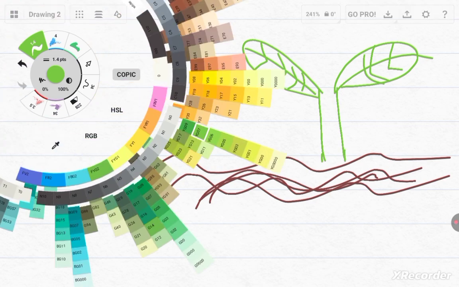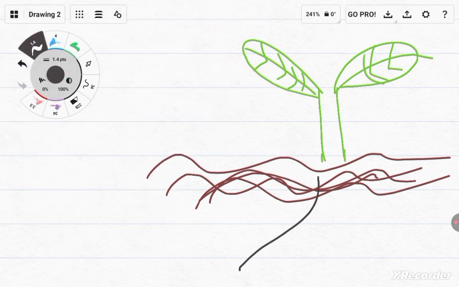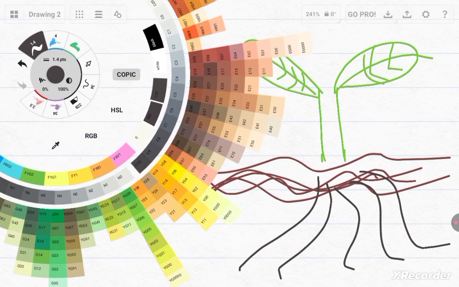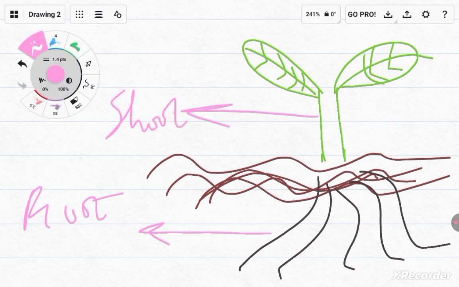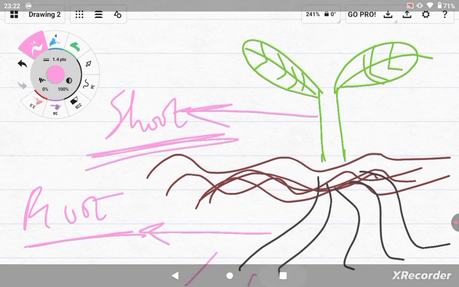The part of a plant that grows inside the soil is called the root. This part is called the root. While the part of a plant that grows above the soil, meaning up, is called the shoot. So the part of a plant that grows inside the soil is called root. The part of a plant that grows above the soil is called shoot.